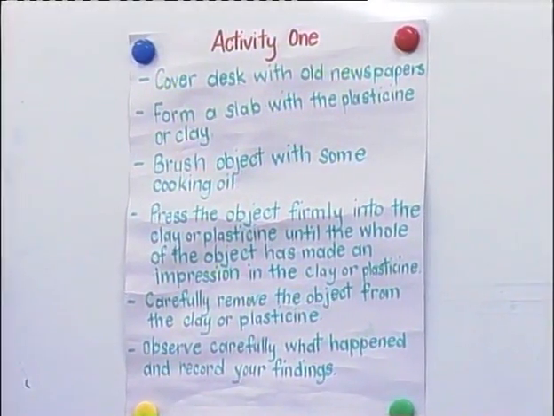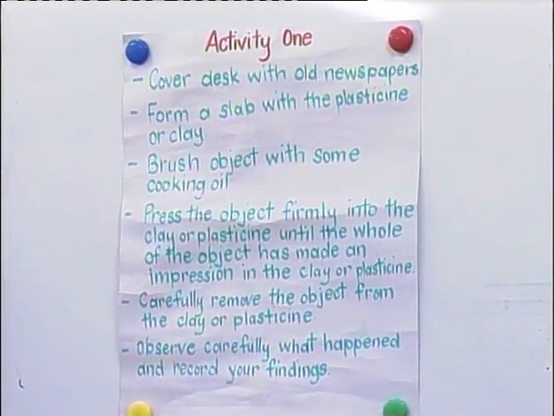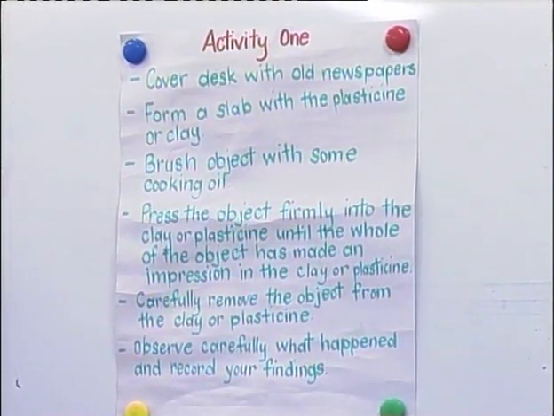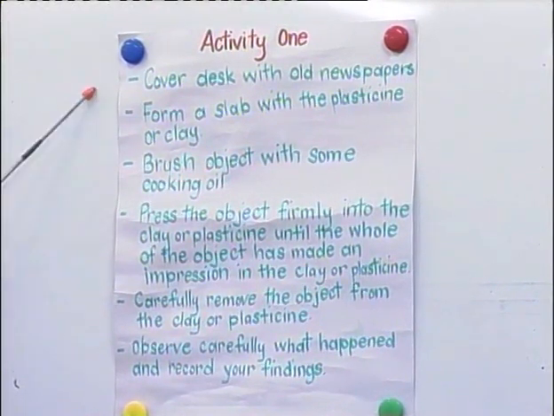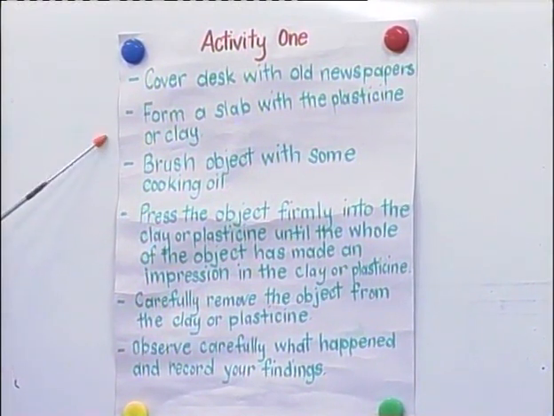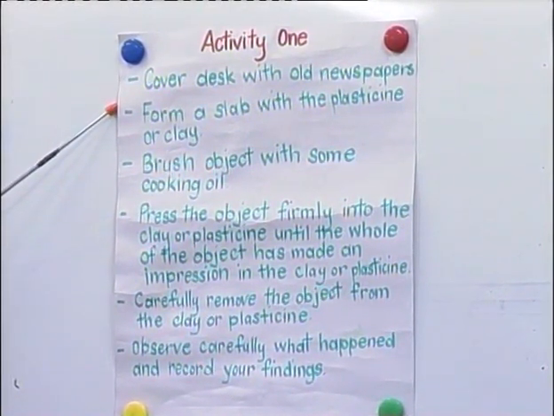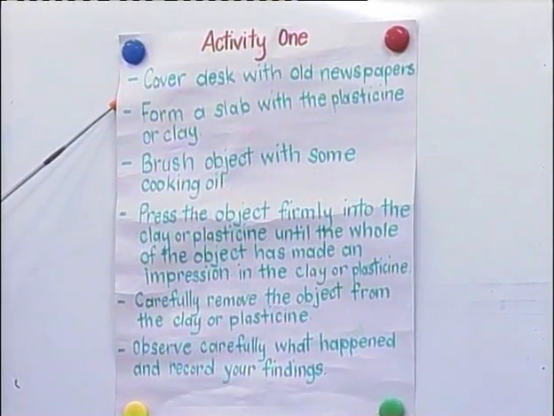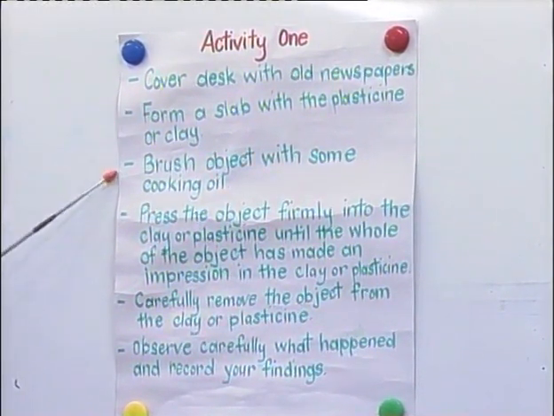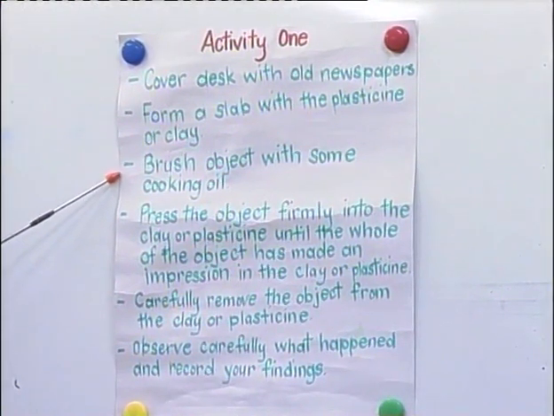I'd like us to go through the instructions for the activity before you get your materials. Now we have the first one where it says you are to cover the desk with old newspapers. You are to form a slab with the plasticine or clay. Receiving students, you can use clay if you don't have plasticine. Now, you are to brush the object with some cooking oil.